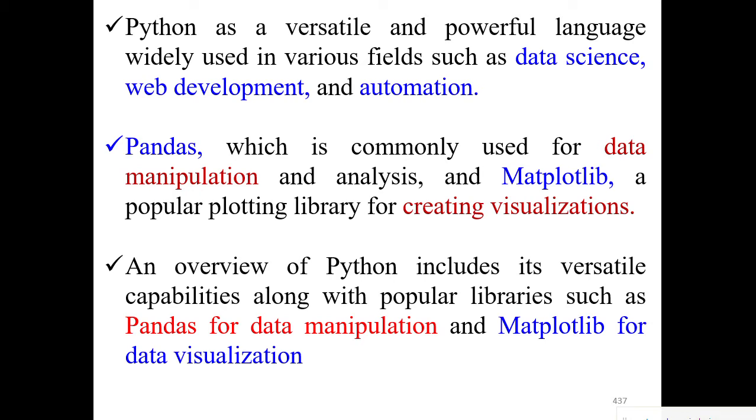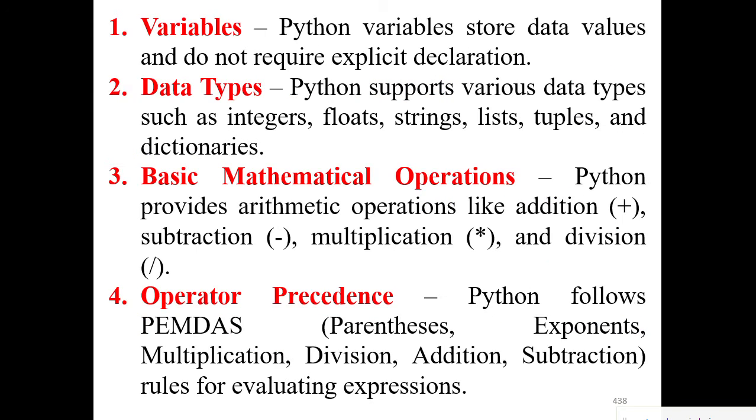An overview of Python includes its versatile capabilities along with popular libraries such as Pandas for data manipulation and Matplotlib for data visualization. So, variables: Python variables are used to store data values and do not require explicit declaration.